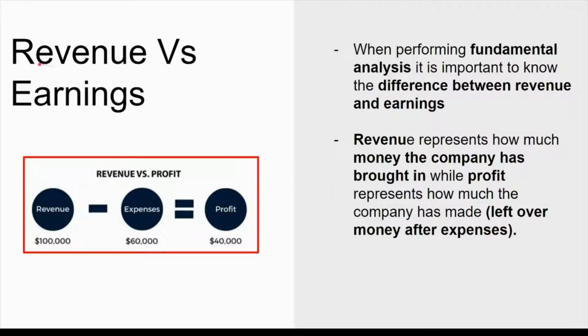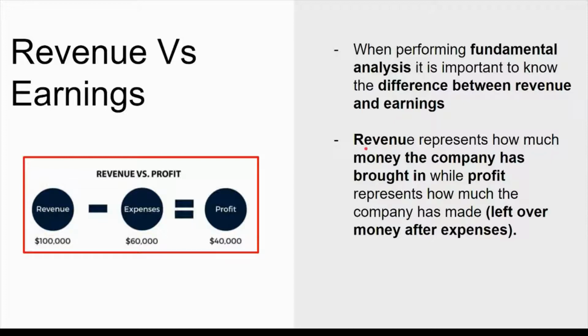And another thing I want to talk about was revenue versus earnings. When performing fundamental analysis, it is important to know the difference between revenue and earnings. As you can see right here, revenue minus expenses equals profit, right? So if a company says they have a revenue of $100,000, that does not mean that they made $100,000, because they have to subtract the expenses.